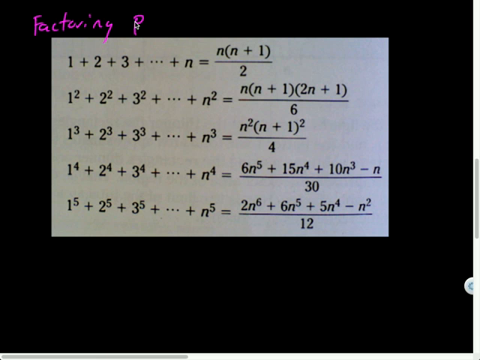Factoring rules or patterns, I don't know what you want to call them. On page 962. All right, just so that way you have them, because during our work, we'll end up getting an expression like this, and in order to evaluate, we'll actually have to rewrite it in that form.